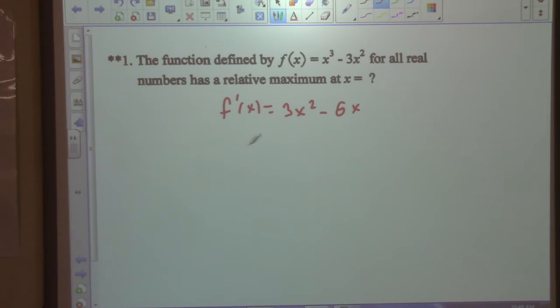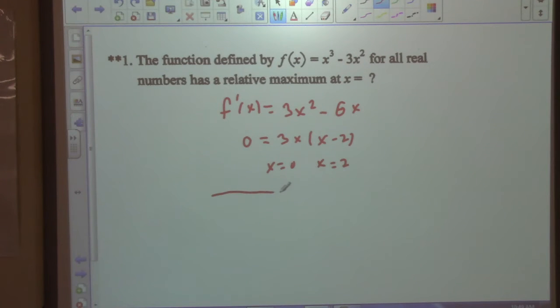So we have 0 is equal to 3x times x minus 2. Does that look right? That's what I got. So you have x is equal to 0, x is equal to 2.